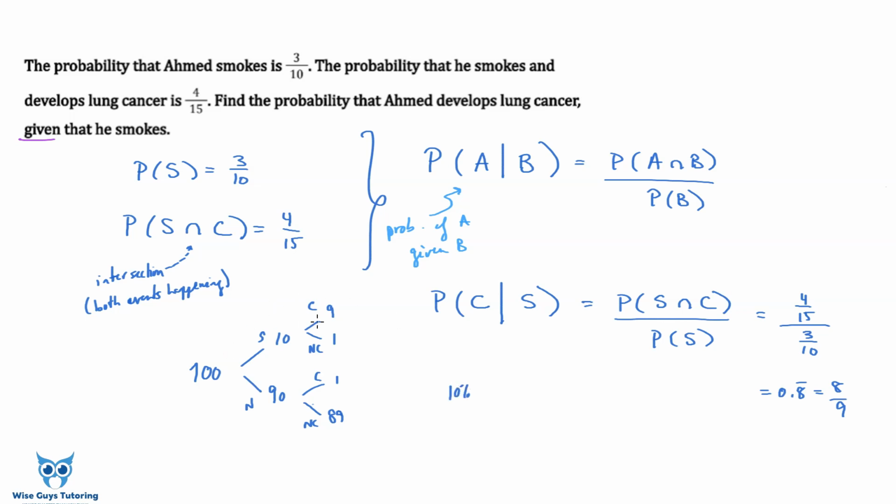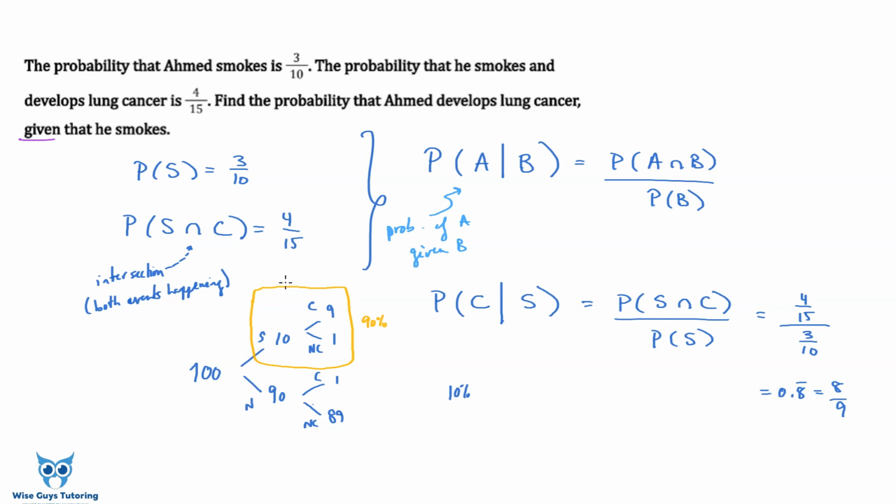But if they say, what's the probability of somebody getting cancer given that they smoke? Well, now all I'm looking at are the smokers. I'm only considering the smokers. And in this case, that's 9 out of 10, right? That's 90%. So if we're looking at everybody, it's just a 10% chance.